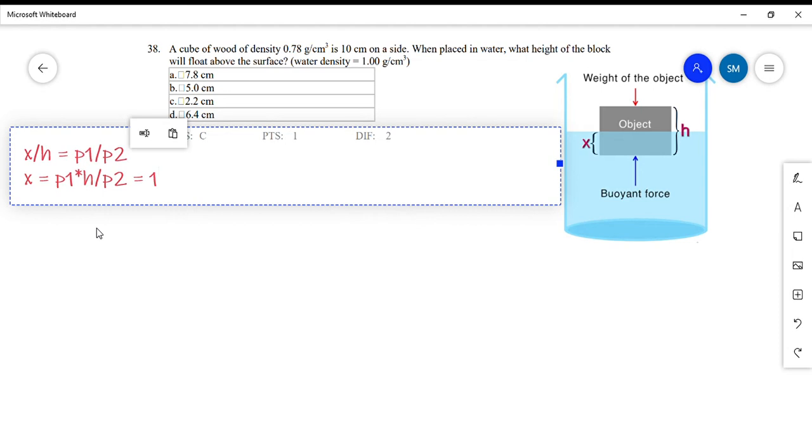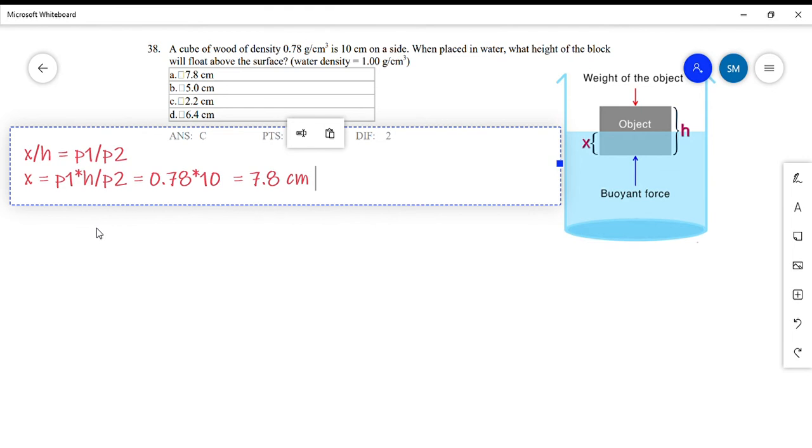So the density of the object is 0.78 times 10 over 1, where 1 is the density of the water, so it will be equal to 7.8 centimeter. So the part which is immersed in water is 7.8 centimeter.